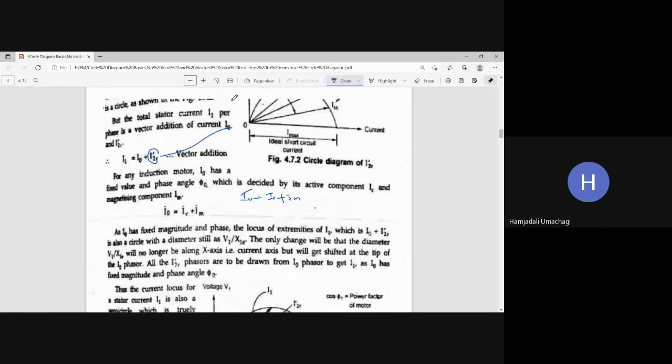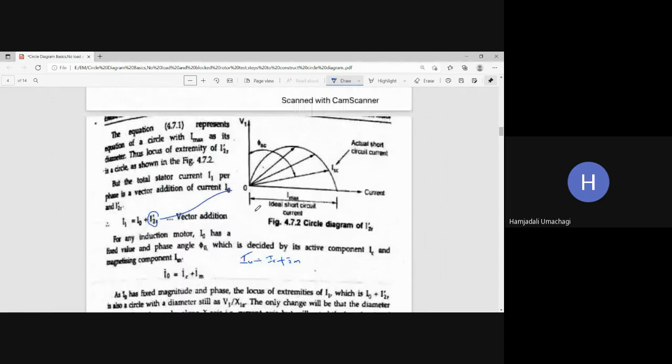If I dash 2R has a circle diagram, then stator current I1 also has a circle diagram with the same diameter V1 by X1e, but with slight modifications that we are going to observe here. Why? Because if I dash 2R has a circle diagram of this kind, then automatically the stator current I1 is also going to have a circle diagram of this kind.